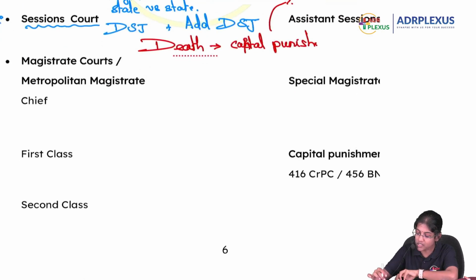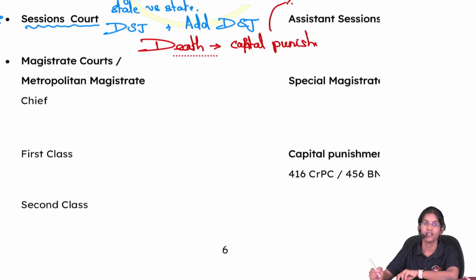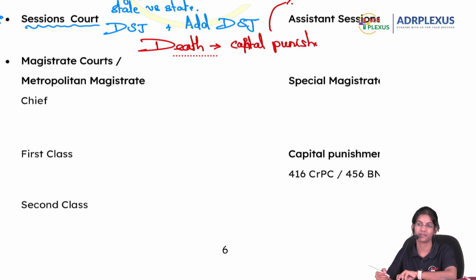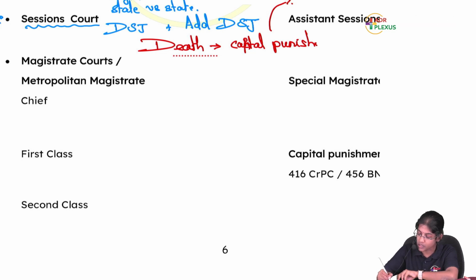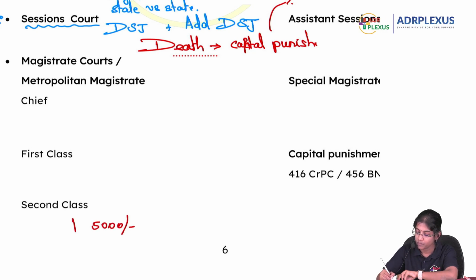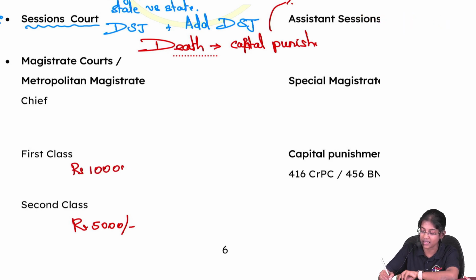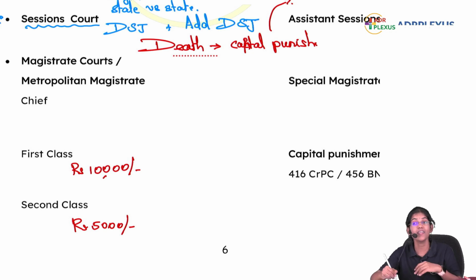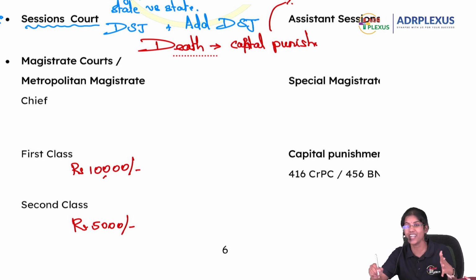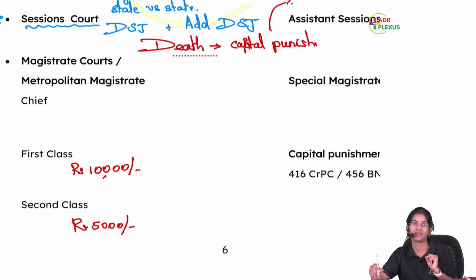Now in magistrate court, you have three people: chief, first class, and second class judicial magistrate. A second class judicial magistrate can give a fine up to 5,000 rupees. First class, up to 10,000 rupees. Then you have the chief, additional, unlimited. Any amount of fine can be given by them.